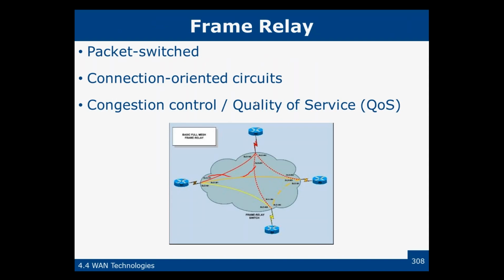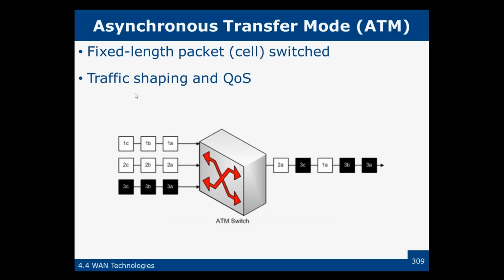This is a picture of asynchronous transfer mode, and usually asynchronous transfer mode is what is used in frame relay. It's a fixed cell, and what this is showing is a fixed cell switched packet. A big difference between it and Ethernet is Ethernet didn't have a fixed size, whereas ATM, asynchronous transfer, does.